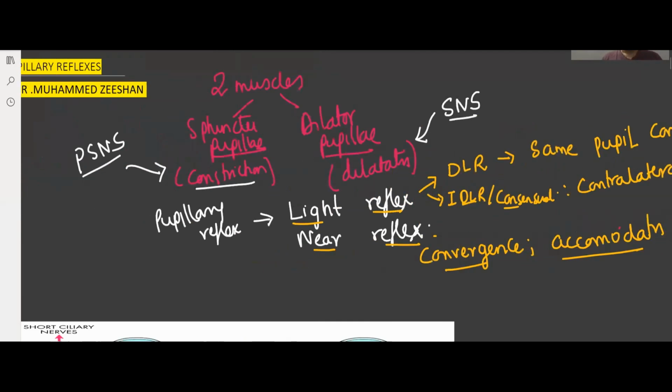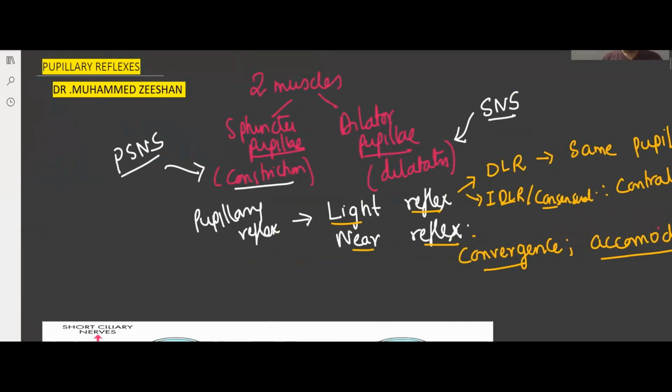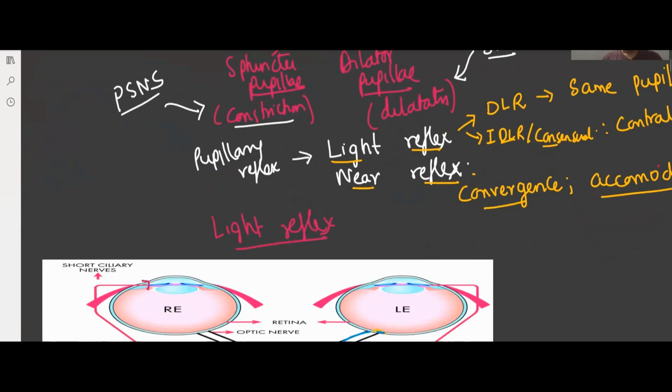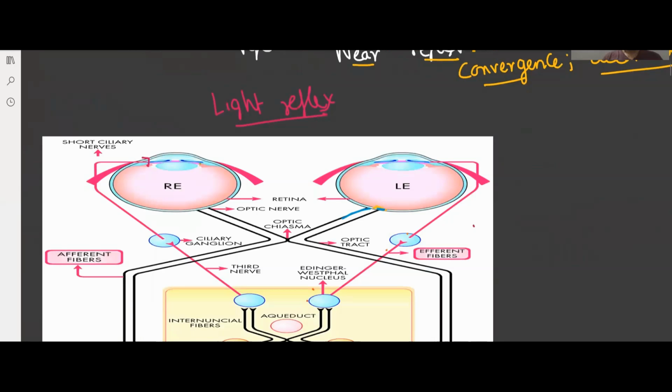Now we'll discuss the light reflex pathway. It starts in the retina, like the visual pathway. The impulse is carried by the optic nerve, and then goes through the optic chiasma and optic tract.